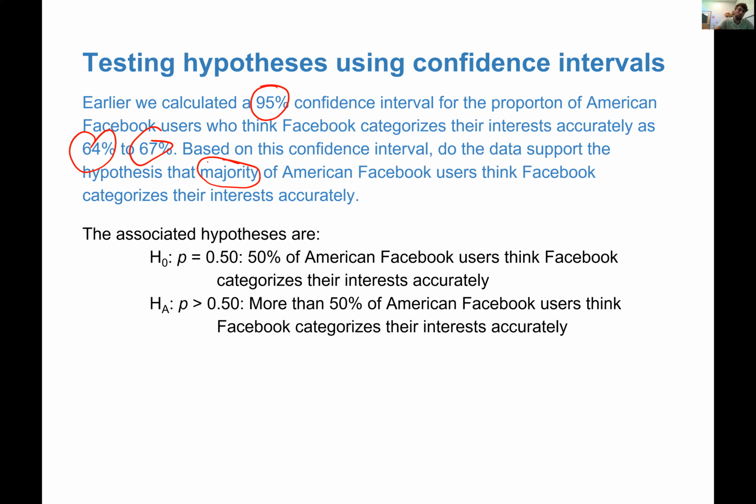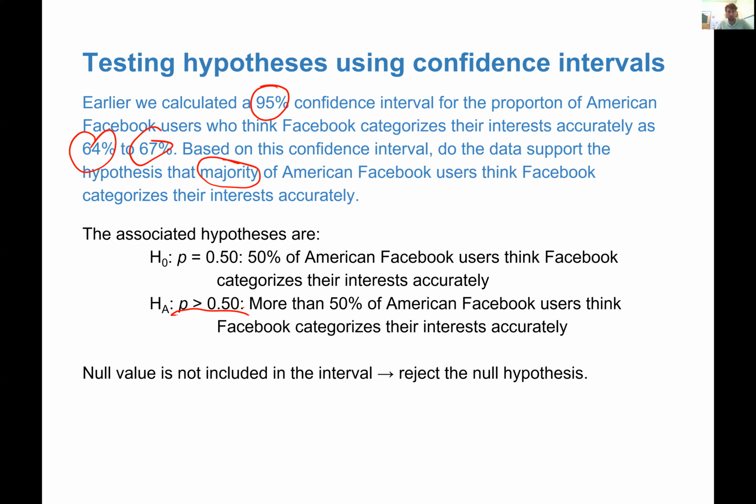We have to set the null equal to something, so we set it equal to 0.5, but really it could be less than or equal to 0.5. So the alternative hypothesis: more than 50% of American Facebook users think Facebook categorizes their interests accurately.